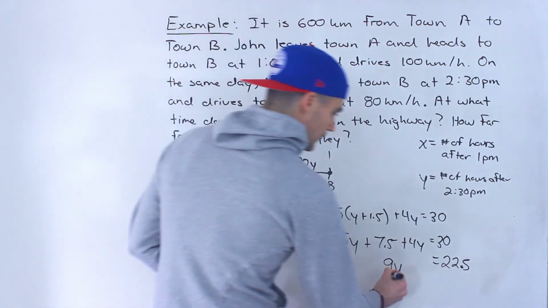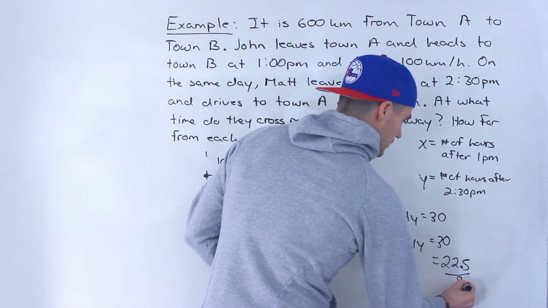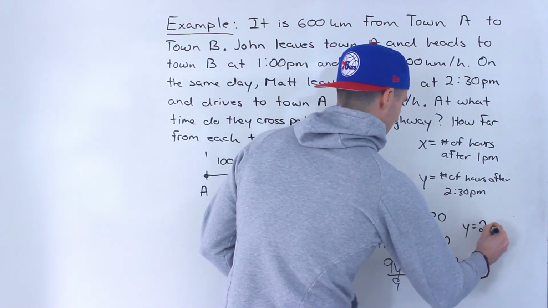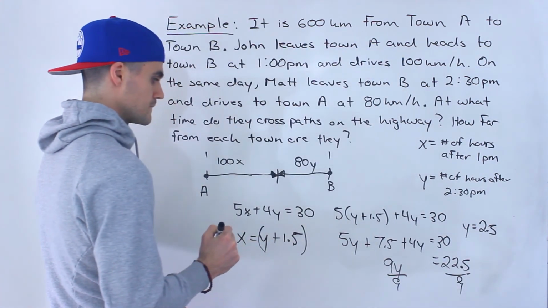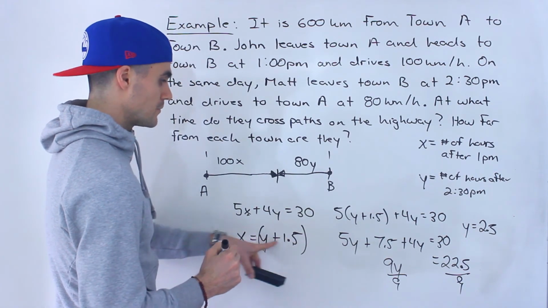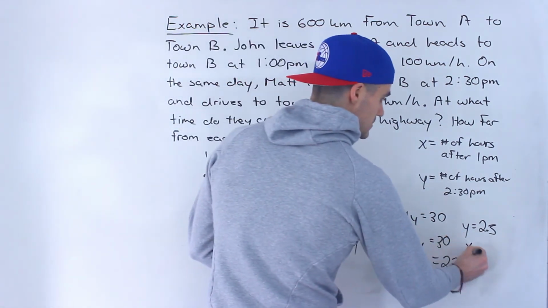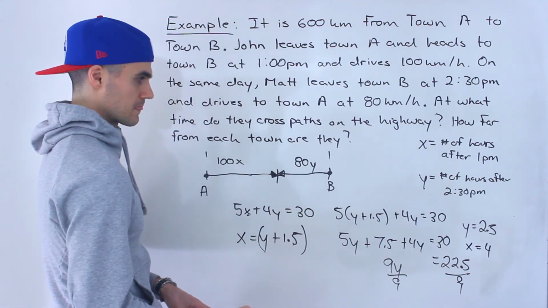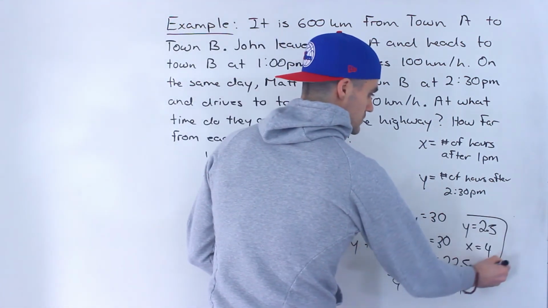And then we could divide both sides by 9. And when we do that, we get y equaling 2.5, like that. And since x equals y plus 1.5, we know x would be 4. Right? Those are the values.